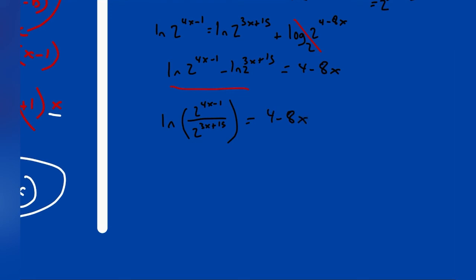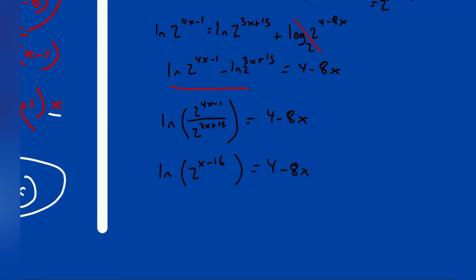When we have powers dividing like this, you should know by now that we can just subtract them. So when we simplify that, we get 4x minus 3x is x, minus 1 minus 15 is minus 16. This is equal to 4 minus 8x.